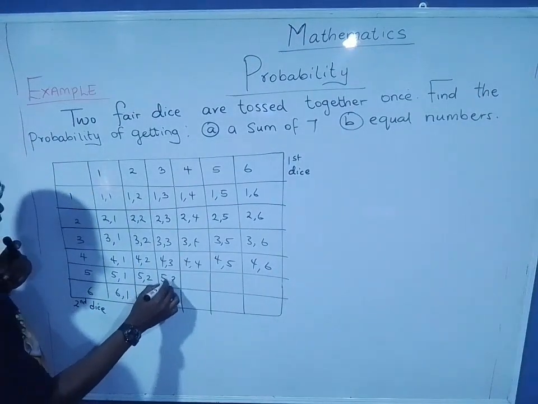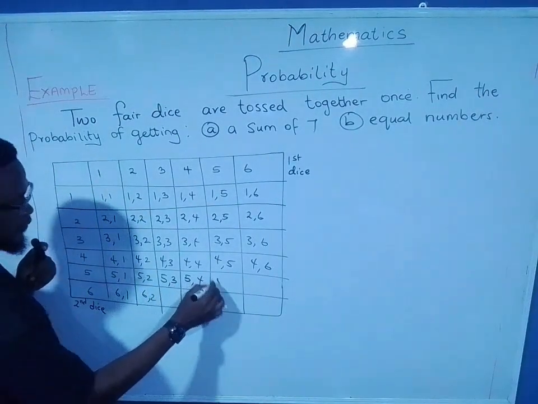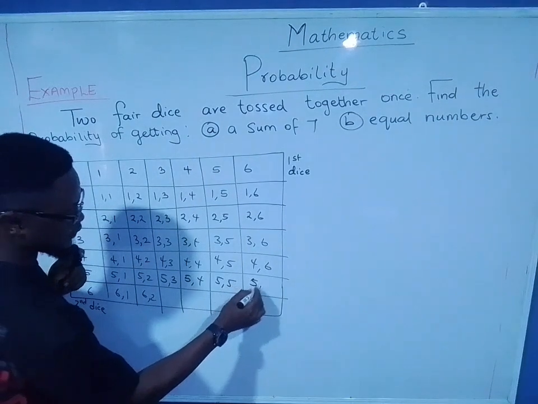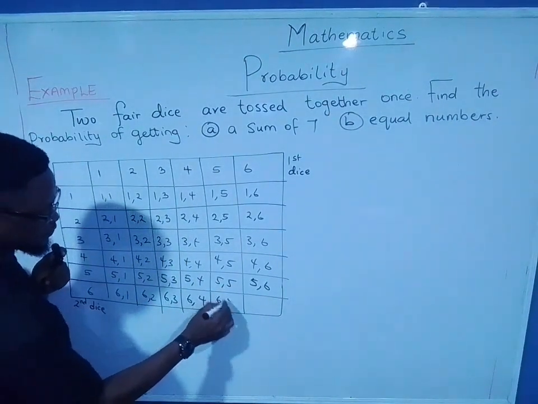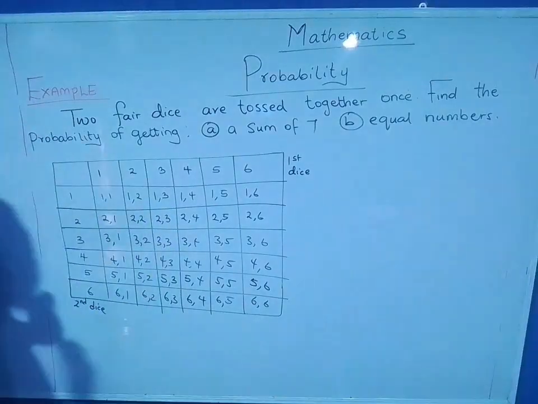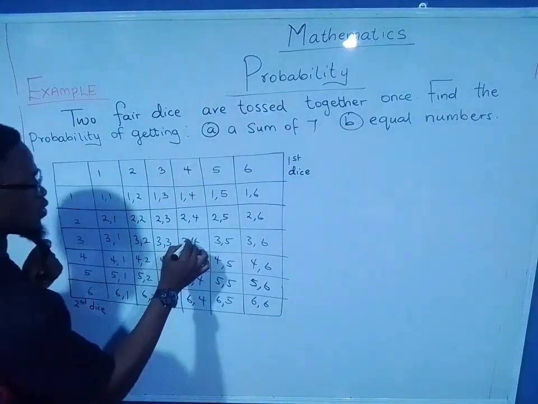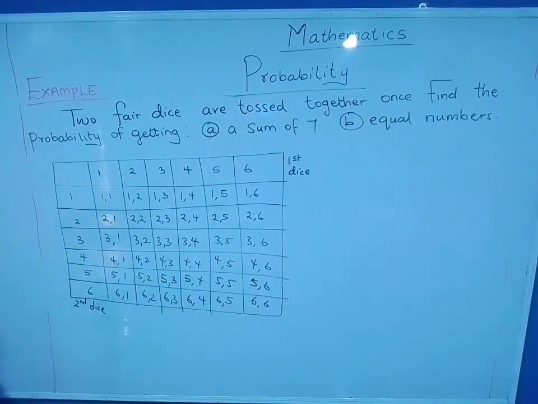Then 5,3, 5,4, 5,5, 5,6, and 6,3, 6,4. So we have something like this. This tells us all the possible events.